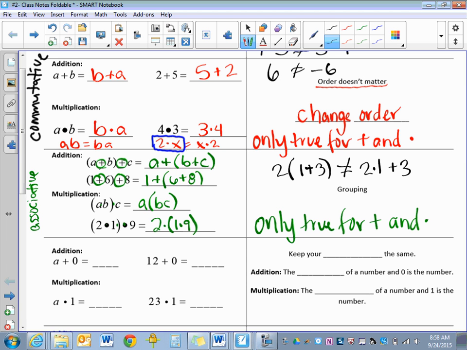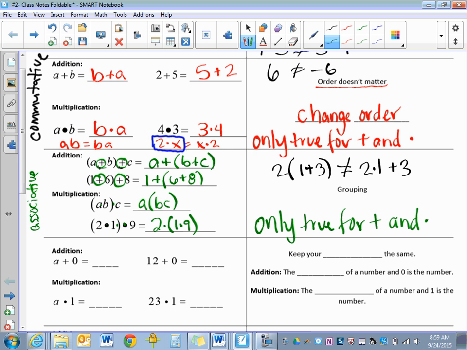Notice here I have addition and addition. Over here, though, I have multiplication and addition. So it has to be either all addition or all multiplication. Questions on the commutative or associative property?